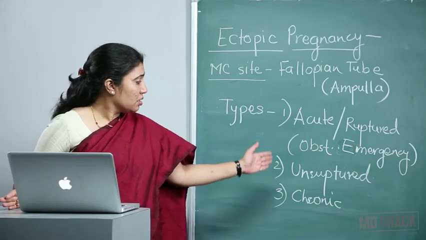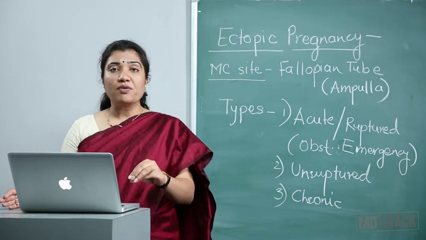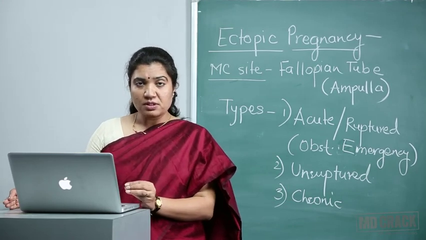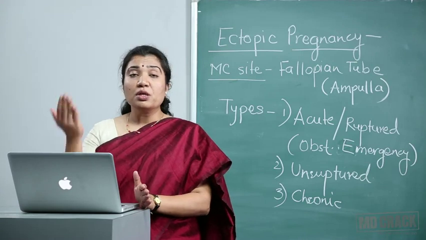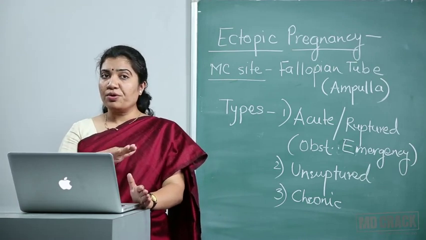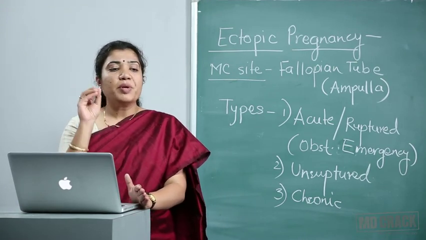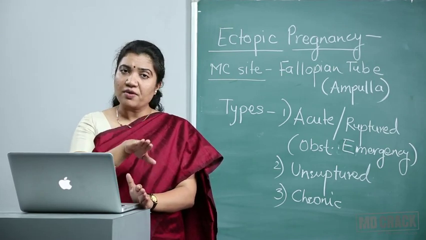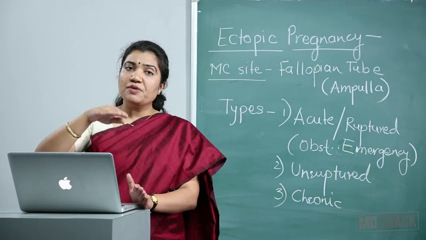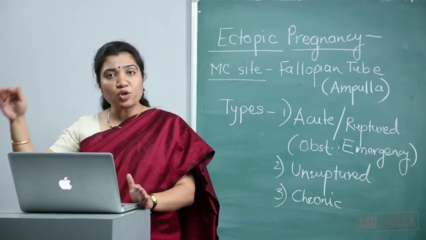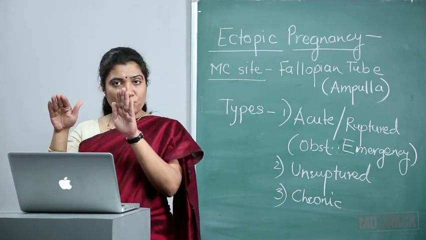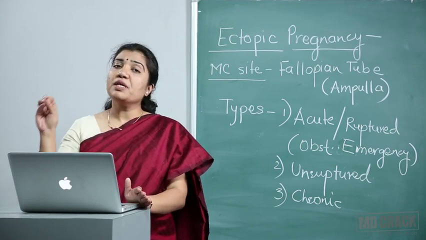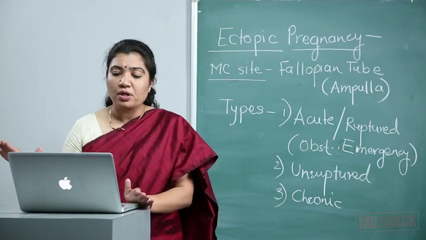In chronic or unruptured, we can check serum beta-HCG levels. The concentration would be lower. If the pregnancy is of 5 or 6 weeks and it is in the uterine cavity, naturally beta-HCG levels would be high. But if it is ectopic pregnancy, for those weeks of gestation, the beta-HCG levels are lower.